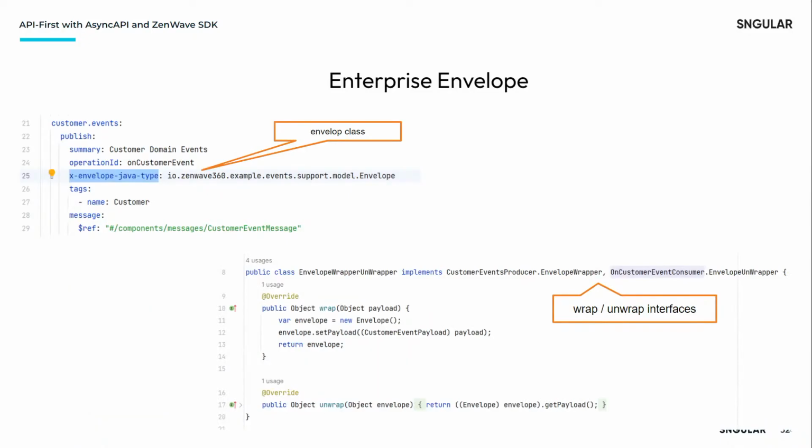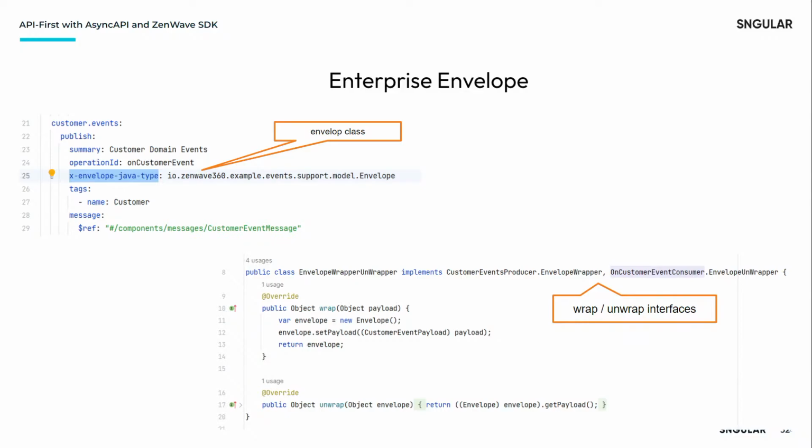And enterprise envelope is a little bit more involved or more complex, but it was actually the first implementation that we created, because in the company where I was working, there was a policy that every single message that we wrote to Kafka had to be wrapped in an envelope, and inside that envelope was the business payload.